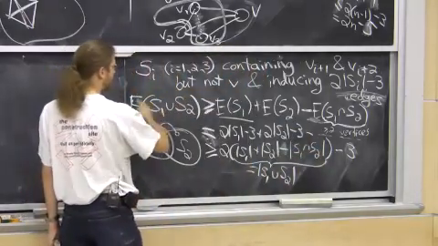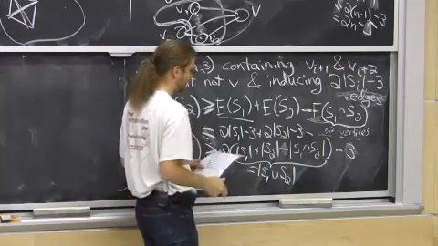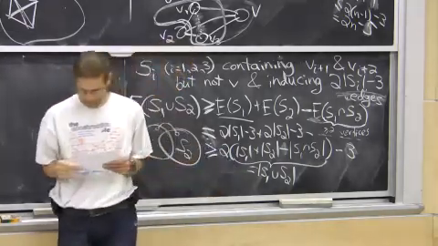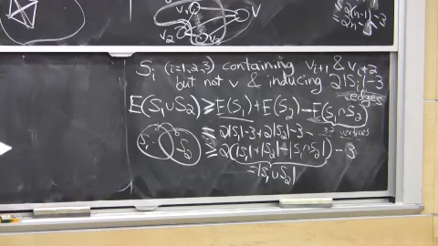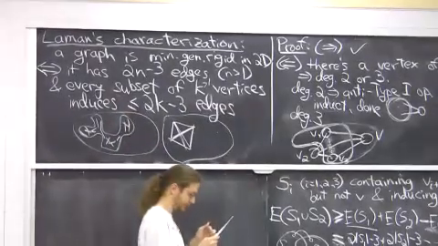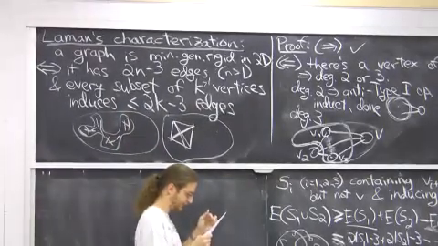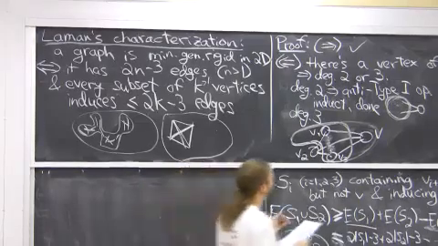So I looked at the edges induced by the union. I got those at least 2k minus 3. So what? Right. Doesn't sound like a contradiction yet. We want it to be at most 2k minus 3, but I think there's a property I didn't prove yet. Great. All right, so what?